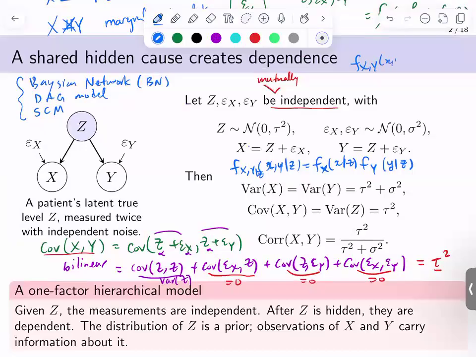If you look at the marginal distribution, you can't write it as fx of x times fy of y. Marginal here means in contrast to the conditional. If you marginalize out z, then you just look at the pair. This does not factorize. But if you look at the conditional density, it would factorize.